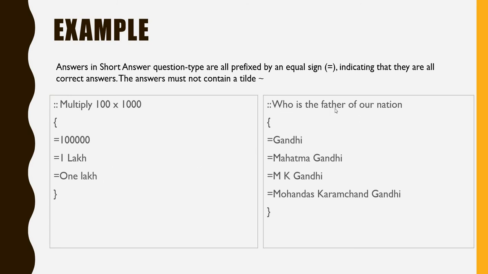Alright, similarly I have another example. The question is, who is the father of a nation? So you should definitely give the options like this. The website cannot predict who is Gandhi and who is Mahatma Gandhi. Hence the answers I have given like this. If the student gives the answer Gandhi, it's right. Mahatma Gandhi, right answer. MK Gandhi, right answer. Mohandas Karamchand Gandhi, right answer.